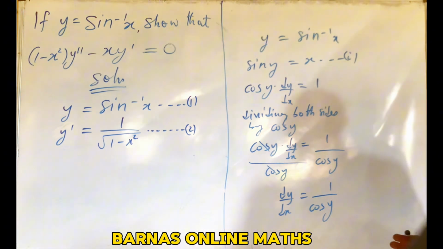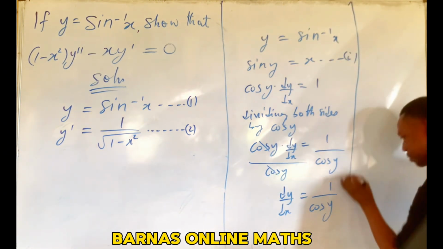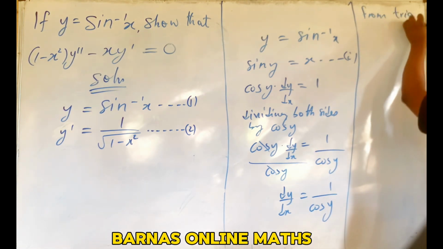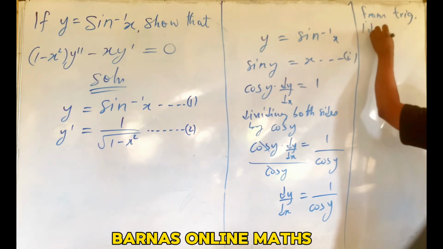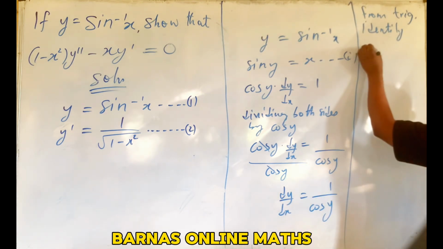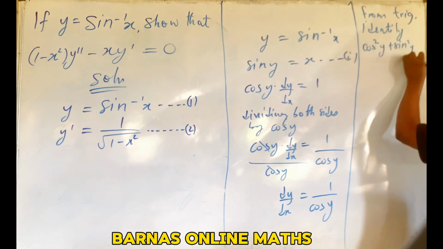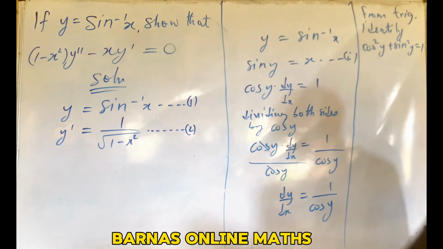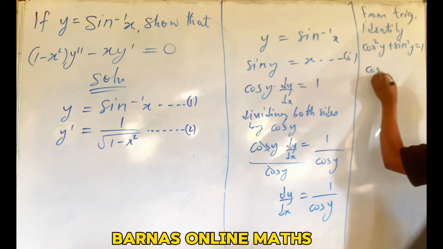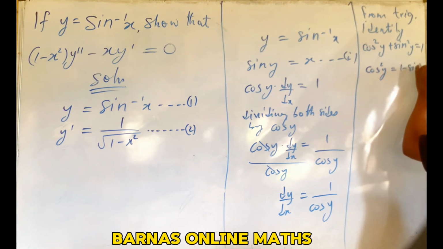But from the trig identity, we are told that cos squared y plus sin squared y is equal to 1. So cos squared y equals 1 minus sin squared y.